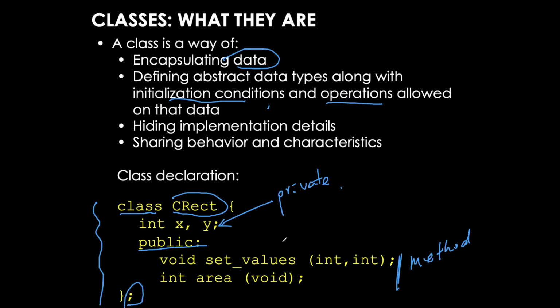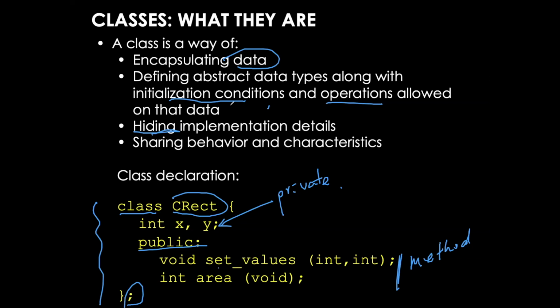The private members are not accessible outside the class. They can be accessed only through methods of the class, meaning these methods can have access to X and Y. However, if you have an instantiated instance of CRect at runtime, that instance cannot have access to its private data. Depending on where you organize your data, you can effectively hide some of the implementation details, and this makes OOP very, very powerful.